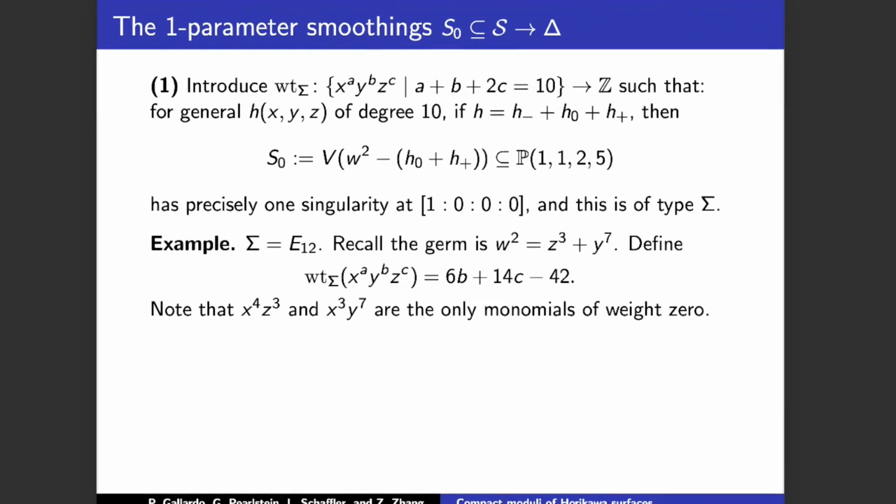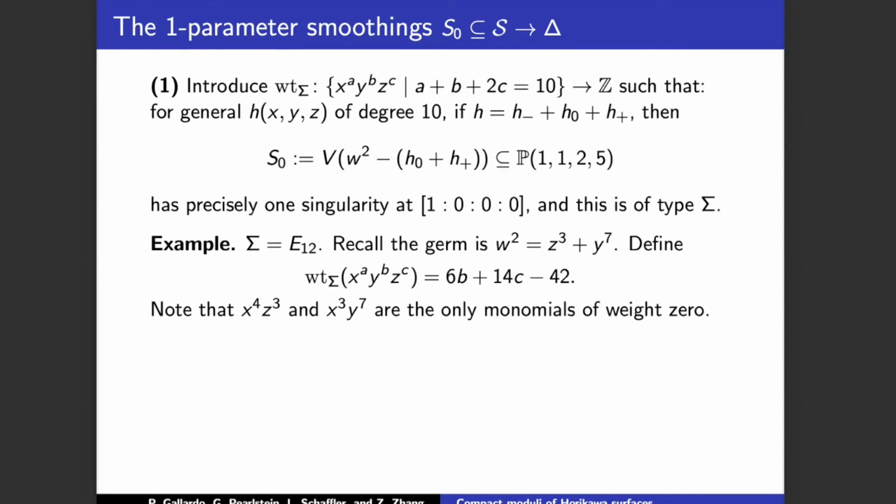Let's pick as our guide example the E12 singularity type. So sigma is equal to E12. Recall the germ of the singularity is w squared equal to z cubed plus y to the 7th. And we define our weight function to be the following. You completely ignore a, and you take 6 times b plus 14 times c minus 42.